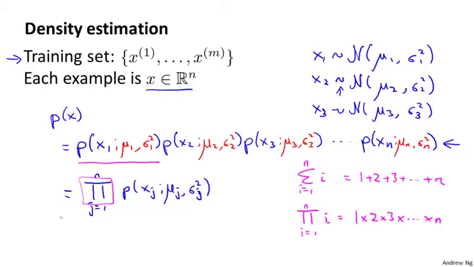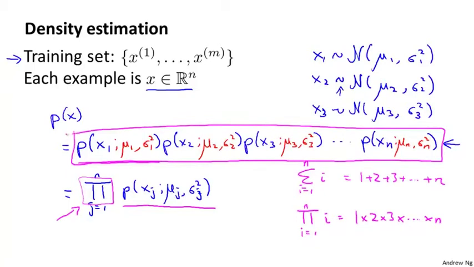And so using this product notation, this product from j equals 1 through n of this expression is just a more compact, or shorter, way of writing out this huge product of all of these terms up there, since we're taking these p of xj given mu j, sigma squared j terms and multiplying them together. And by the way, the problem of estimating this distribution p of x is sometimes called the problem of density estimation, hence the title of the slide.